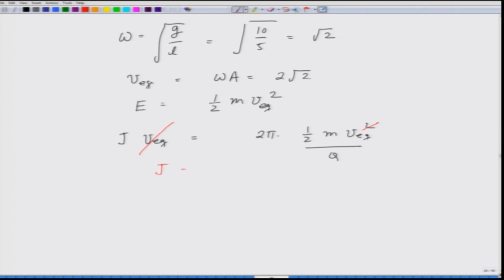So, J comes out to be, this 2 cancels, pi m V equilibrium divided by 50, which is 3.14 times 45 times V equilibrium, which is 2 root 2, divided by 50. And you calculate this, and this will come out to be roughly 8 newton seconds. So, that is the impulse that the person imparts to maintain this amplitude of 2 meters.